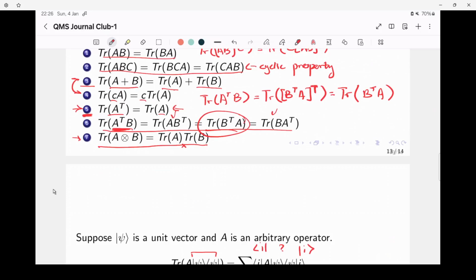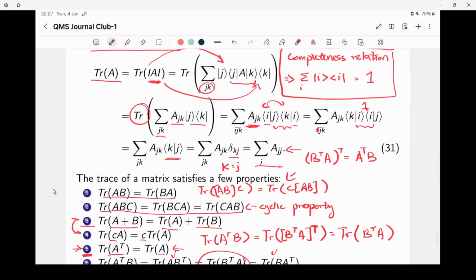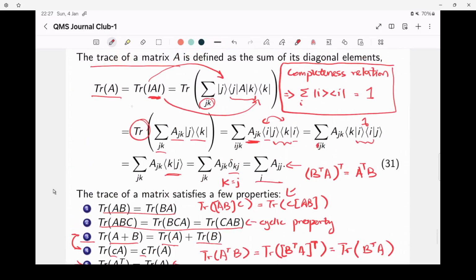So you have to be careful about that. Okay, let me check. The safest way is, the reason why I show all this is to show you how the summation and the trace work. Later on I will check your calculation again.